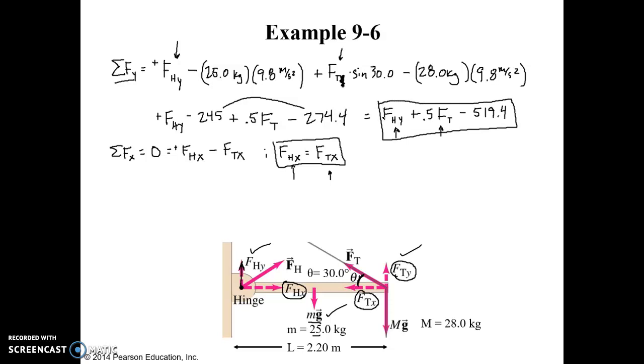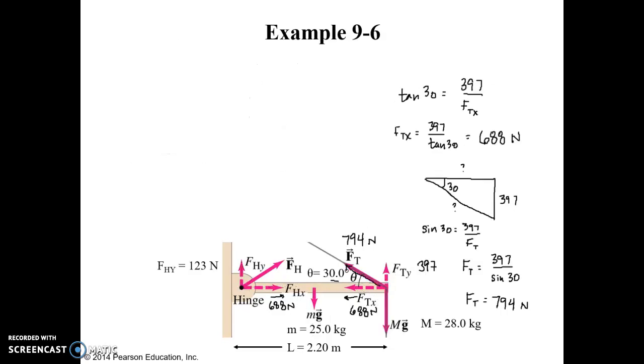What we're saying is the vertical hinge force plus half of the tension force minus 519.4 is equal to 0. So I'm going to make a note of that. Let me write that down. And then we'll move back to the slide that we were working on here.